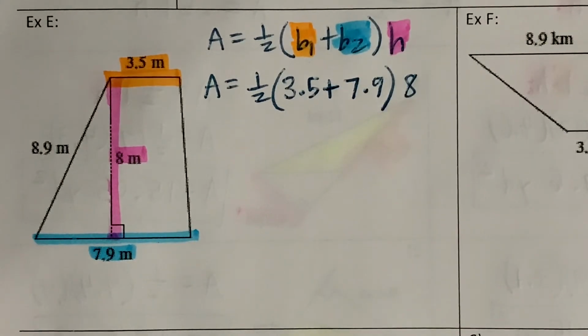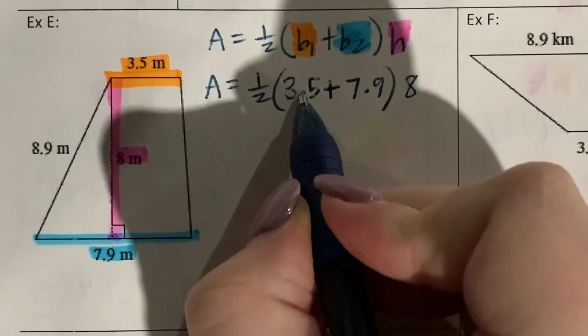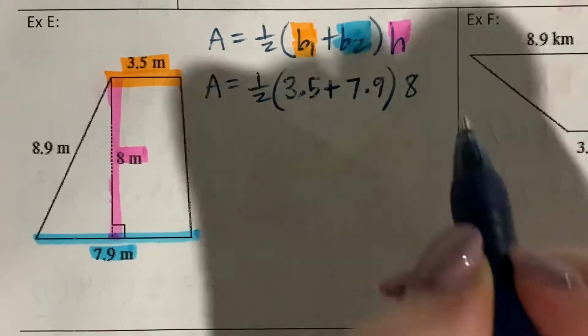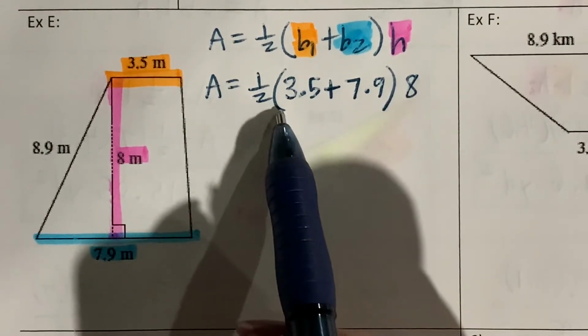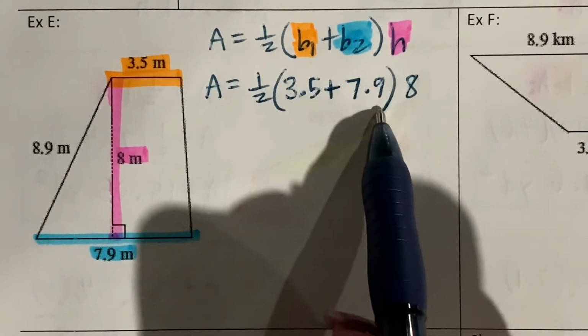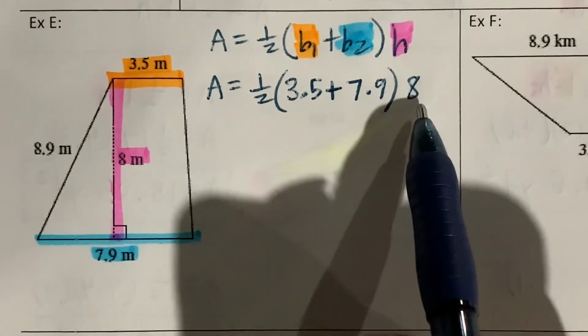The only thing I need to do here is be careful with these parentheses. If I want to type this whole piece into my calculator, I have to use parentheses. I could type 0.5 times parentheses 3.5 plus 7.9, close my parentheses, and then put an 8, and my calculator will know how to do that order of operations.